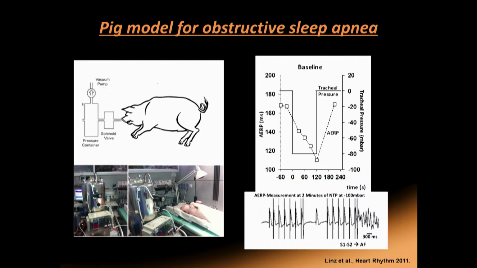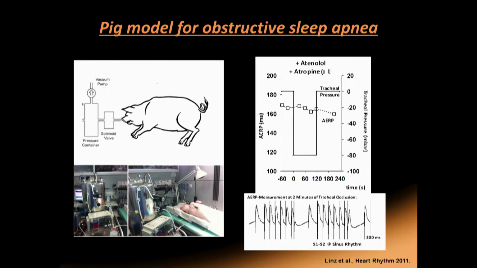And here you can see what happens to atrial effective refractory period in those animals. So just by mimicking sleep apnea, you can see that atrial effective refractory period shortens from 170 down to 100 milliseconds. This is reversible when you release the occlusion, but this transient shortening in action potential duration highly increases atrial arrhythmogenesis.